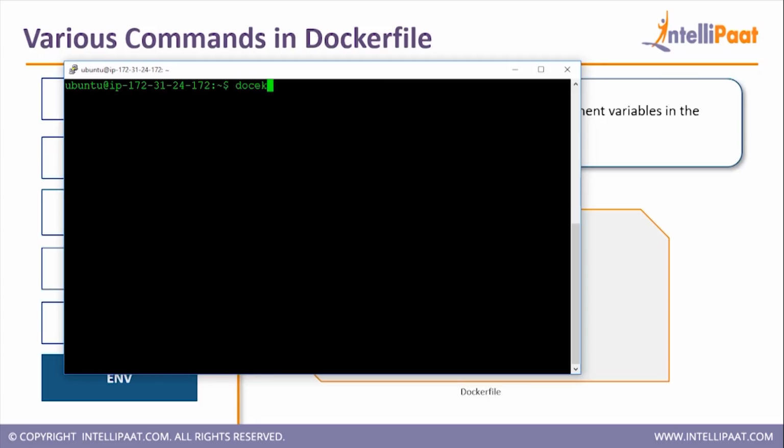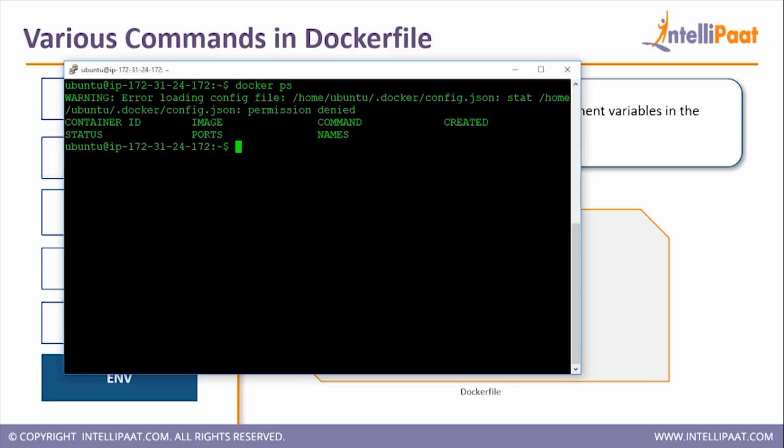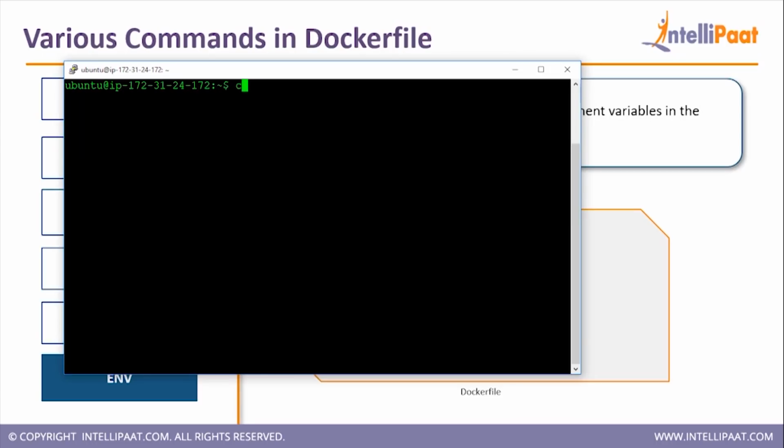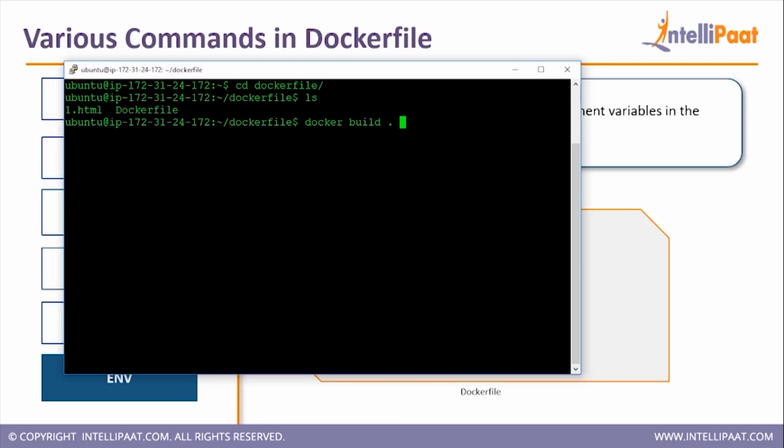If I do a docker ps now without sudo, you can see the command is running. Awesome. So I want to go inside the docker file directory, and now I want to build this docker file: docker build . -t new_dockerfile.